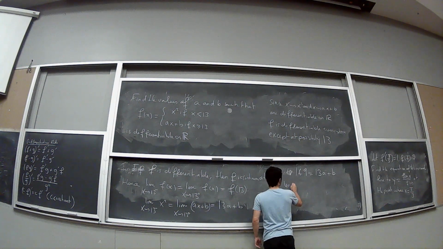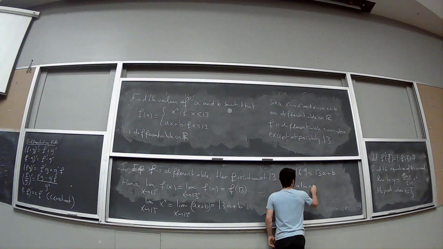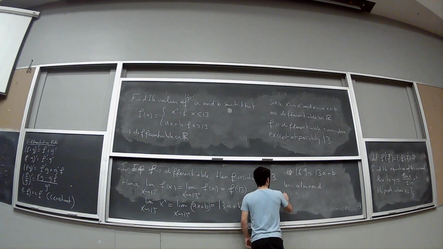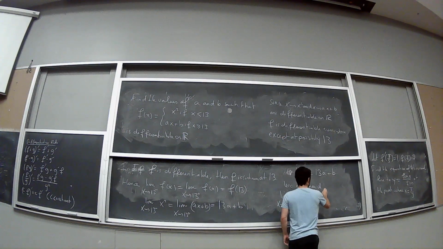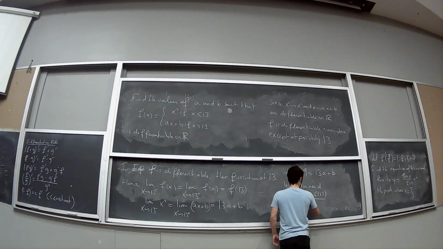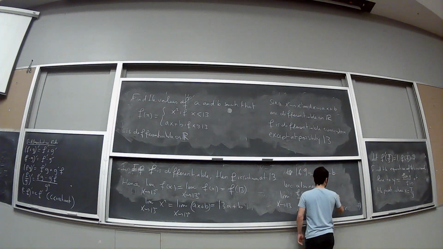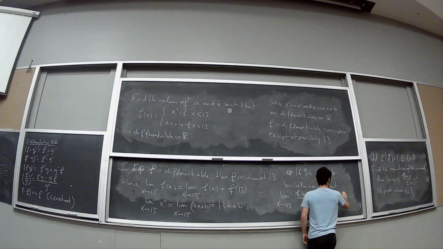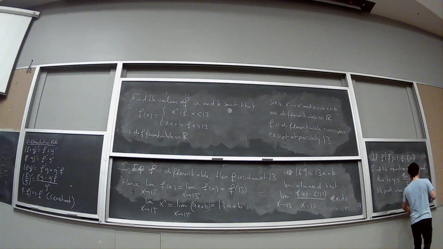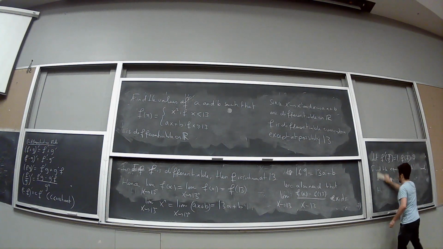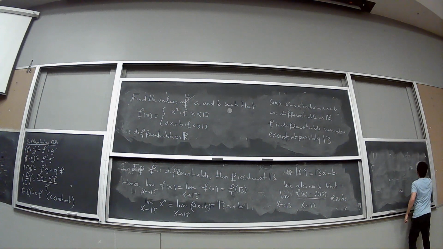We also need the limit as x approaches 13 of f of x minus f of 13 over x minus 13 to exist. Now, if it exists, this means it's a real number. And what can I say about these two things?